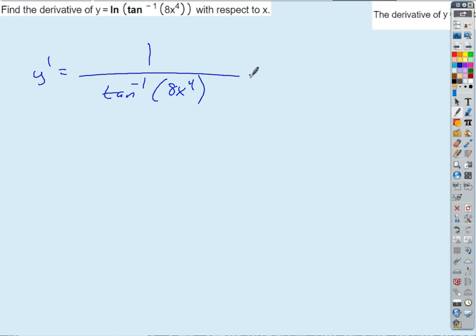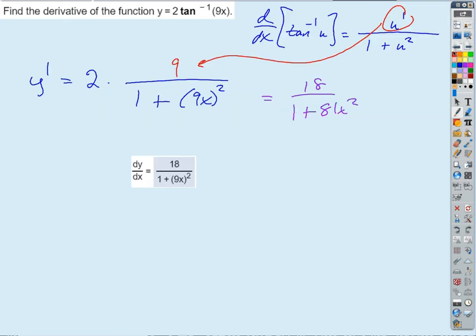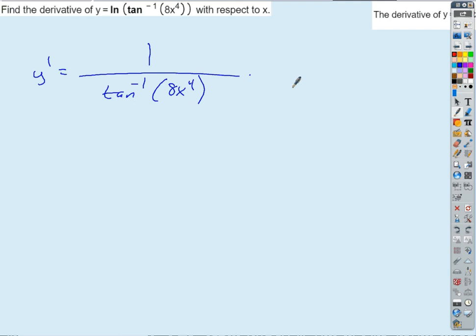Okay, so now the next layer is the derivative of inverse tangent of hand, right? We just did that rule. It's 1 over 1 plus u squared times u prime. So we get 1 over 1 plus u squared, 8x to the fourth quantity squared, times, and we'll just stack this on top, the derivative of 8x to the fourth, which is what?